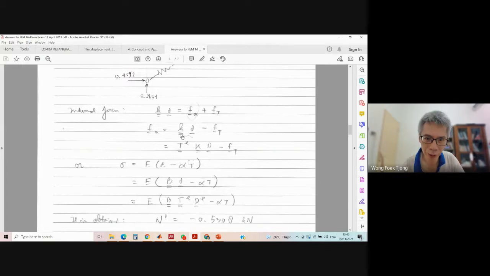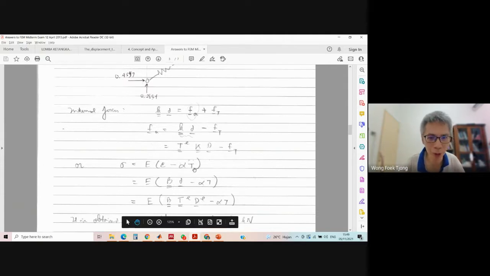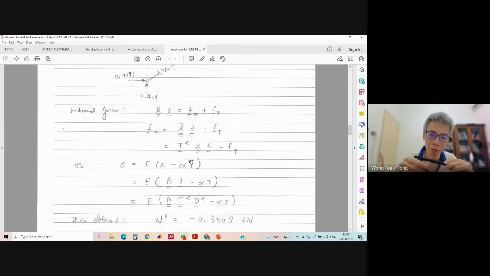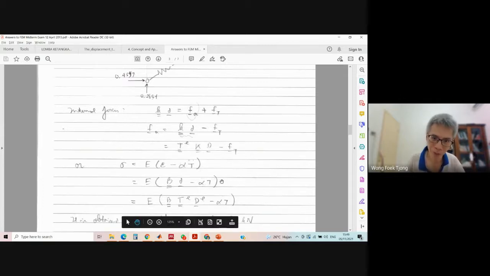We can use this one. Or yes, if there is temperature effect, this procedure is also okay because both give the exact results for temperature effects. Okay, but for distributed force, only this gives exact solution. So you can either use this procedure or this procedure, up to you. Okay, this is finite element, standard finite element procedure.